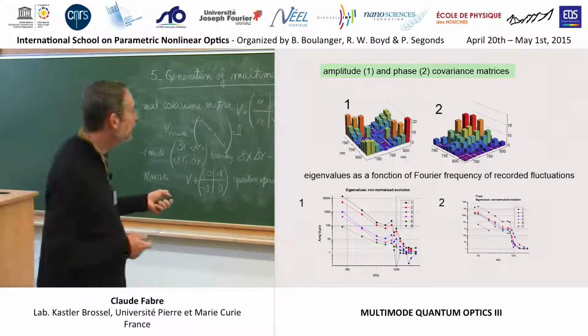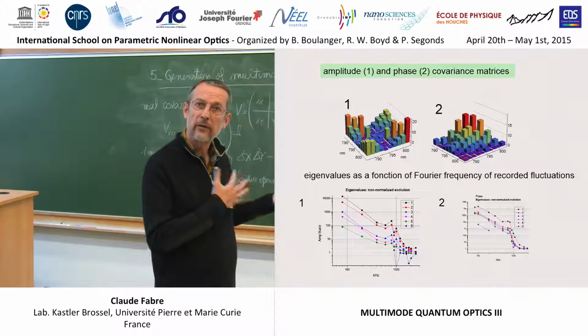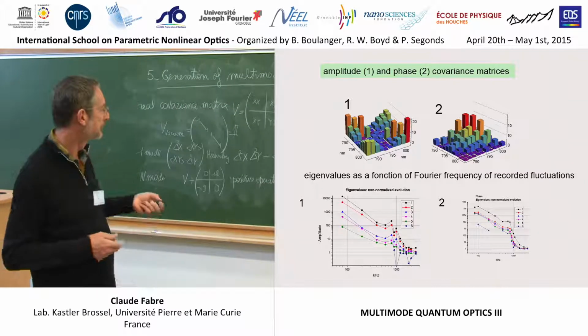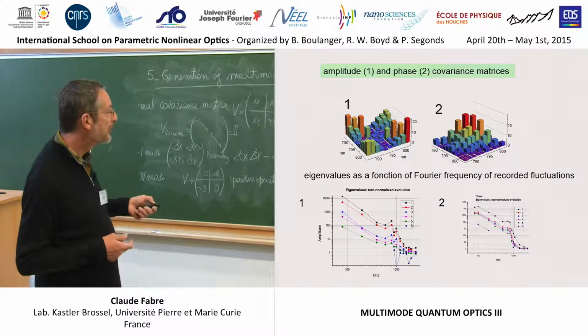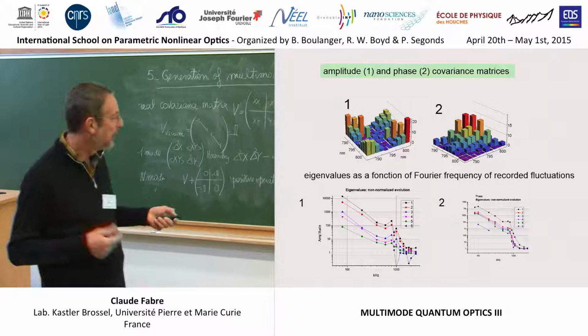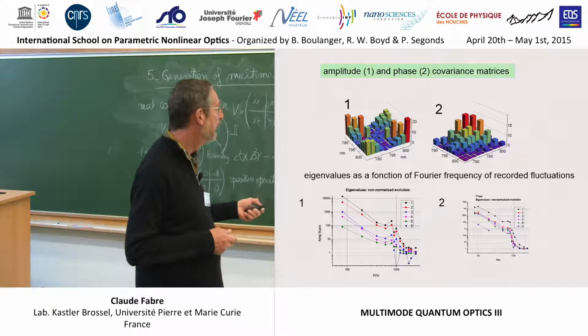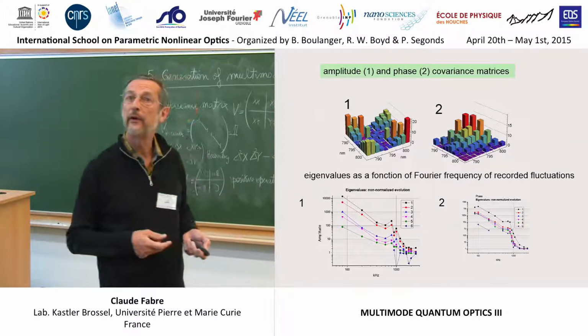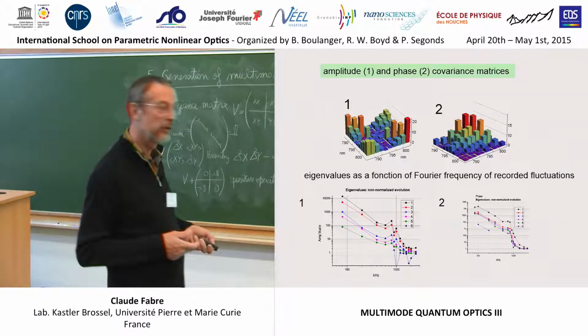It's only at low frequency that the dynamics of the mode-locked laser enters into the game and gives this noise. And this one is for phase, and for phase it's even more stringent, you have 10 dB, something like that, more, a factor 10 more, for the eigenvalue of the first mode than for all the other ones. Okay, you have a dominant noise mode, which is called the principal mode.